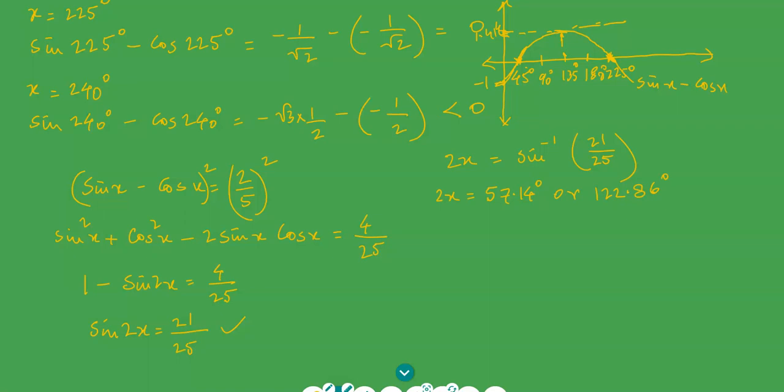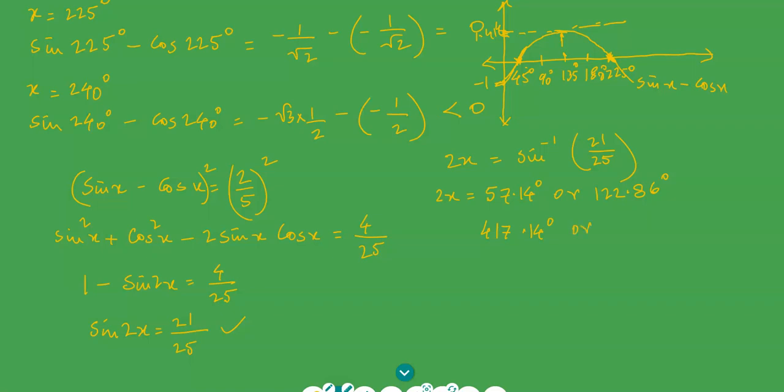Now let us see if we need the periodicity to be taken as well. So let us add 360 to these two values, and if we add 360 to 57.14, we get 417.14 degrees. Obviously, I'm using the calculator.